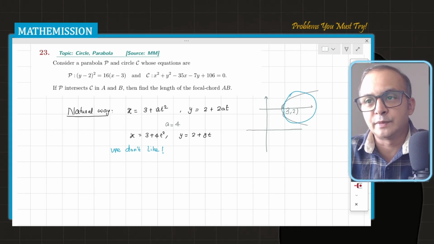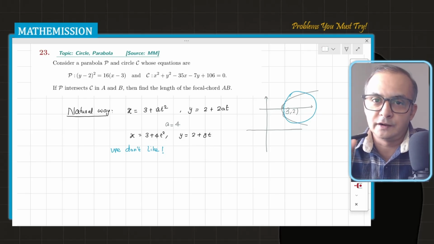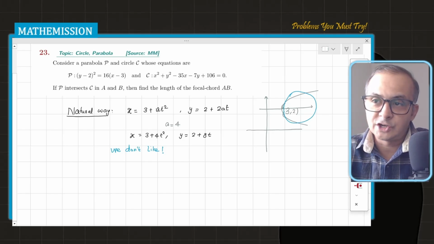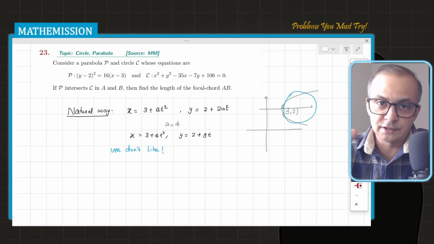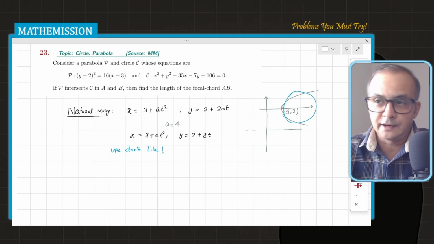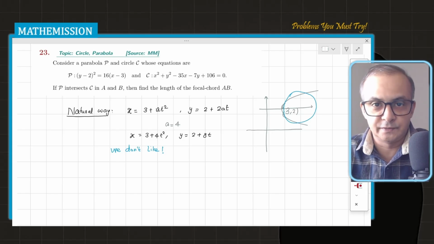Why will it not change? Because we are finding the length of the chord. Until any dilation or change happens in the shape of the parabola or circle, or both, the length of the chord will not change. And if you shift the entire system to the origin, the length will never change.